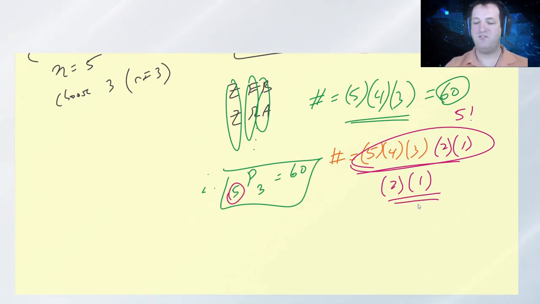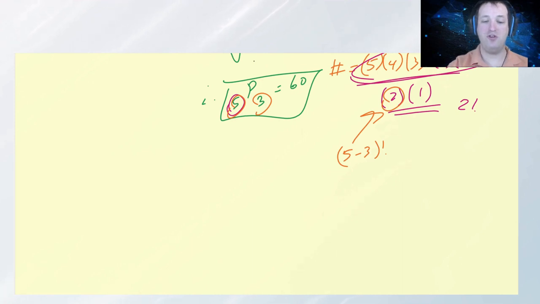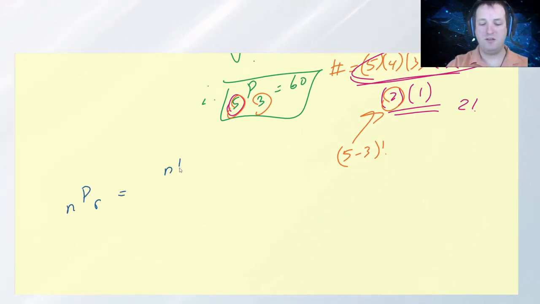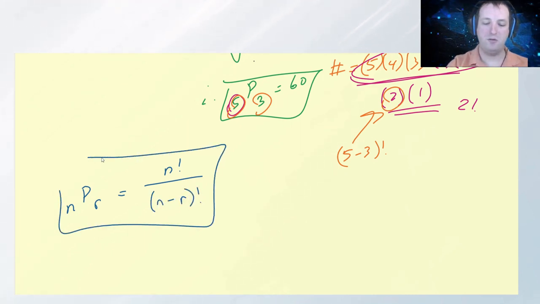So what's this factorial equal to? That's just 2 factorial. So what's the relation between 5, 3, and 2? Well, this number 2 is just the same as (5 minus 3) factorial. So from here, one can show that nPr is actually equal to n factorial over (n minus r) factorial.